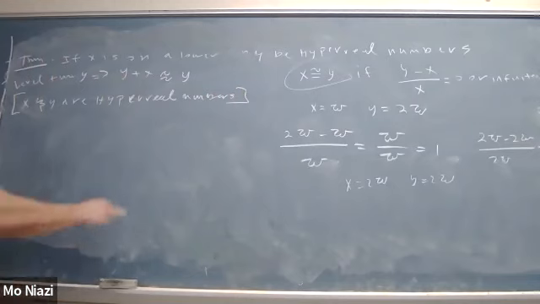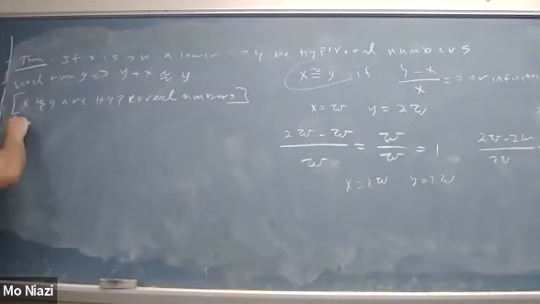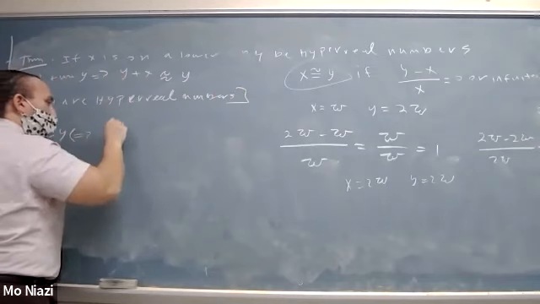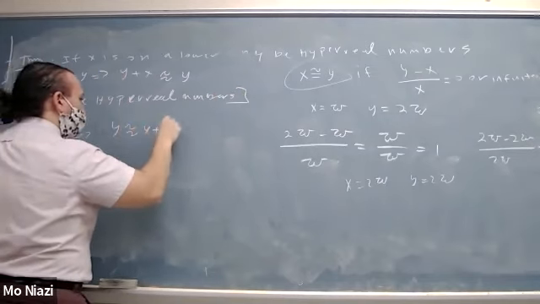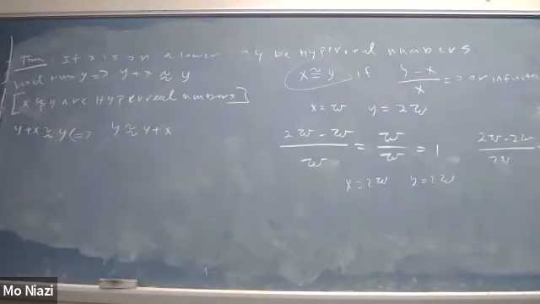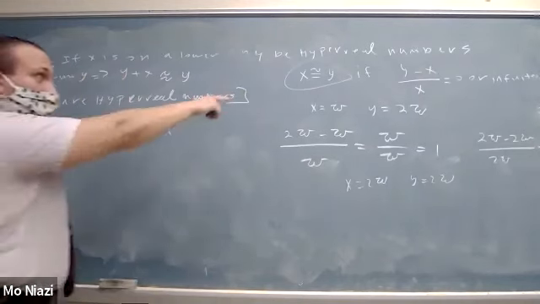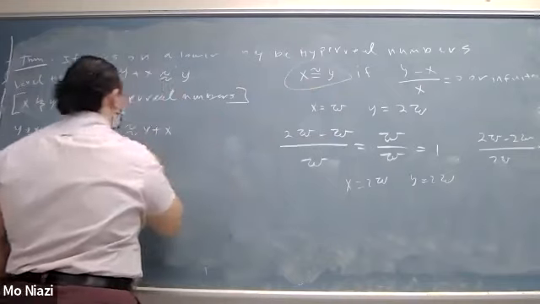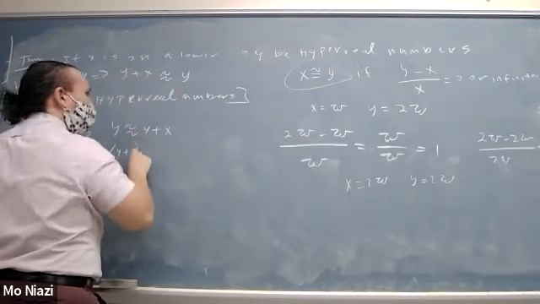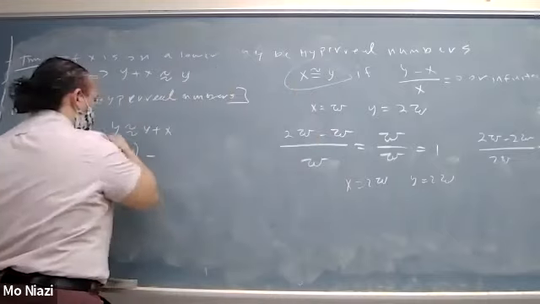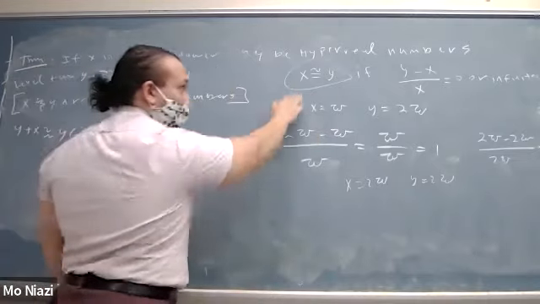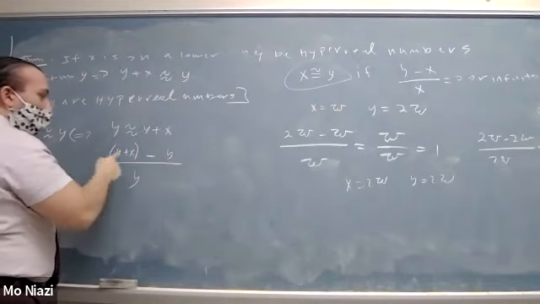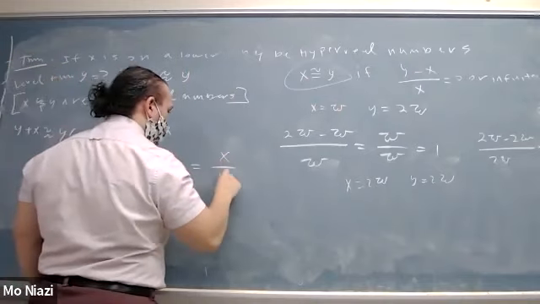Well, why is this the case? It's because we can actually do it two ways. y plus x is approximately y is the same thing as y is approximately y plus x. Notice that when we take the definition of approximate, we can say that the right term, which is y plus x now, minus the left term, which is y here, all over the left term, which is y here. Notice the y's will cancel, leaving x over y.